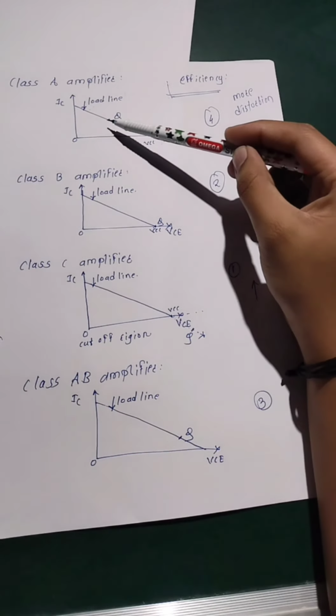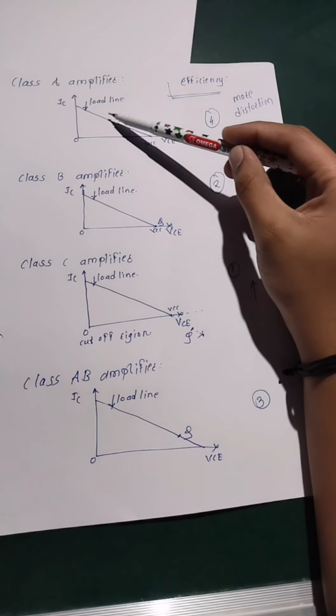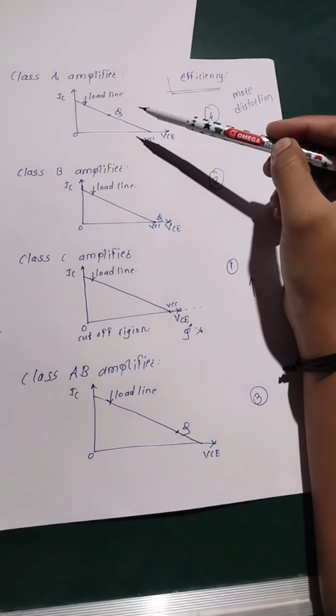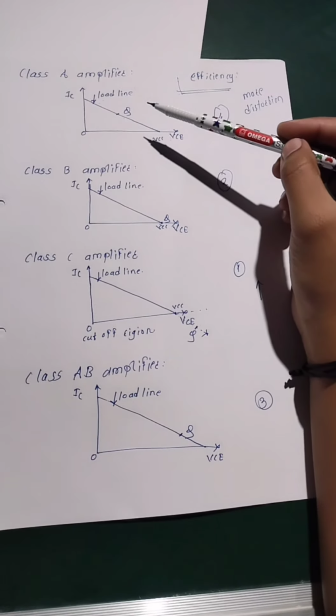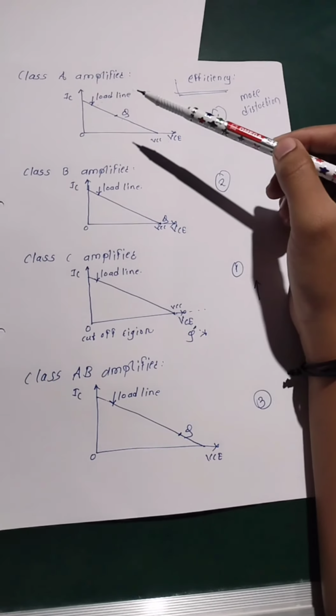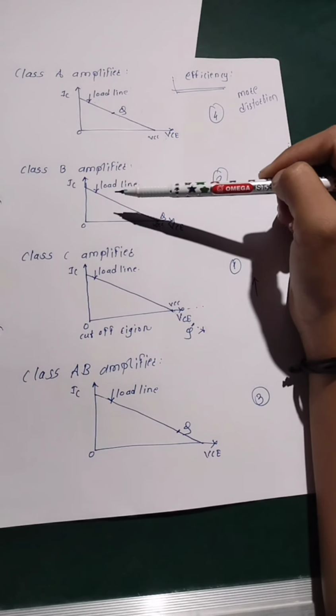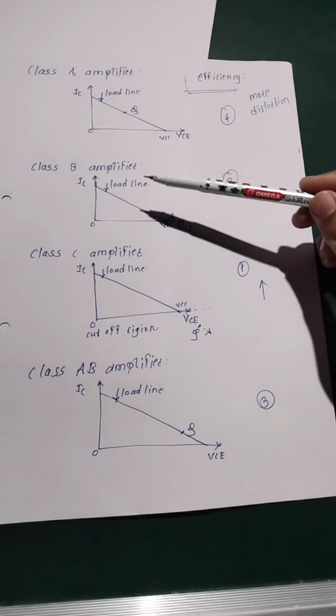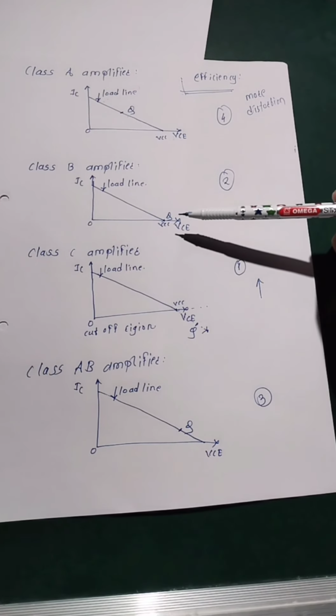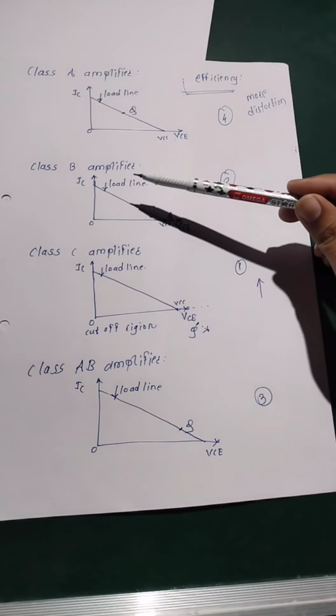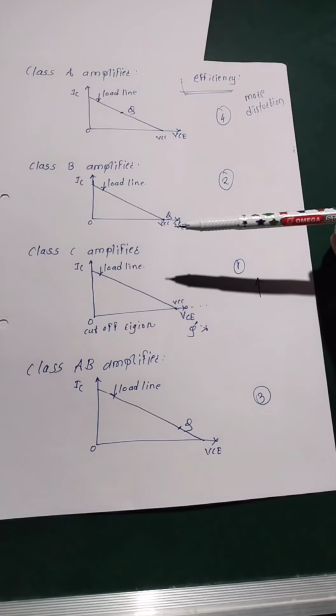When the Q point is present exactly at the center of the load line, then the class of that power amplifier is known as class A amplifier. And class B, when the position of the Q point is exactly on the x-axis, then the amplifier is known as a class B power amplifier.